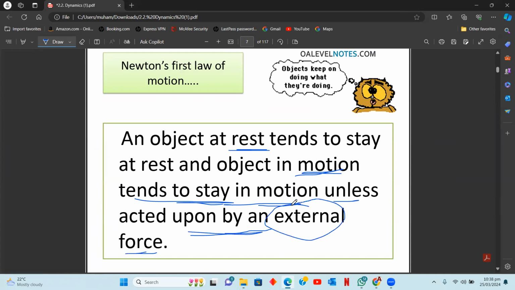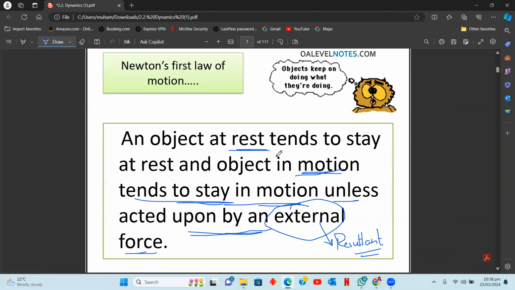Now, this external force is basically the resultant force that we're talking about. If we try to break this law down, let's try to understand it backwards. If there is a resultant force, the object would not continue to stay at rest or in that motion.